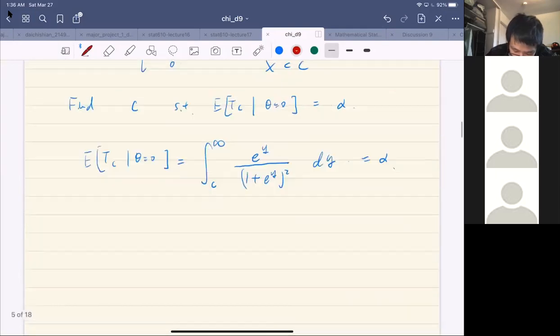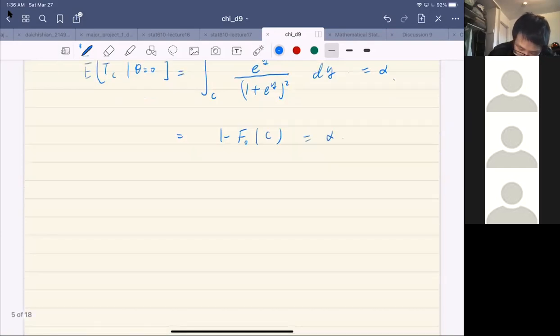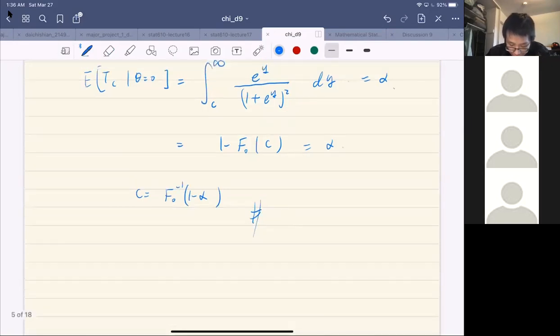So this is a CDF of y. So with alpha, the c should be 1 minus alpha, the inverse of the CDF.